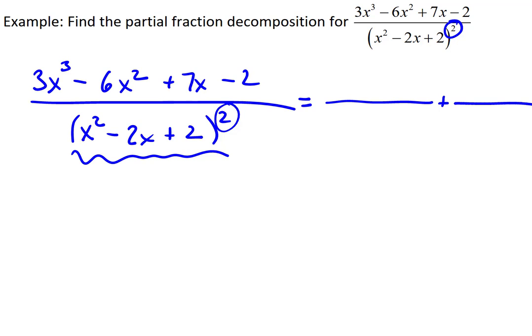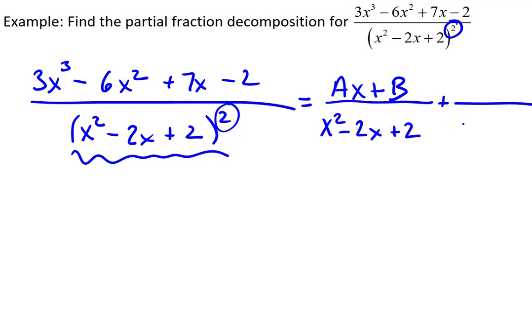That means we're going to have 2 fractions for our decomposed rational equation on the other side here, and the first of them will be a single power of that quadratic denominator, so just x squared minus 2x plus 2. And then the numerator for a quadratic denominator, remember, is degree 1 linear, so we're going to put an ax plus b in that numerator.